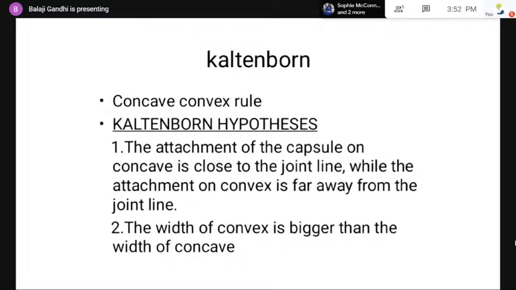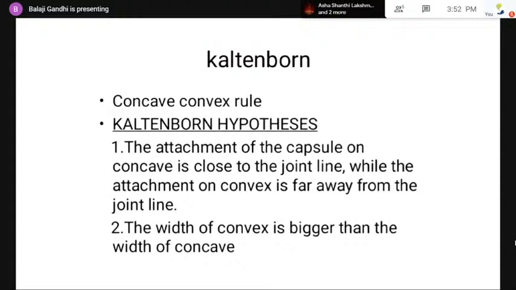The concave surface area where the capsule is attached is definitely closer to the joint line. But in the convex area, the attachment of the capsule is definitely far away from the joint line. This was the first hypothesis.